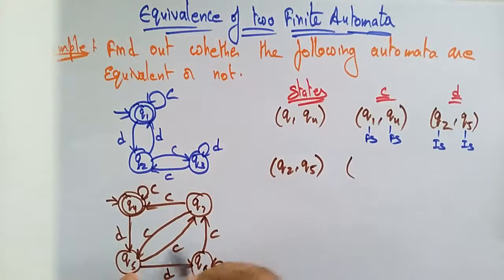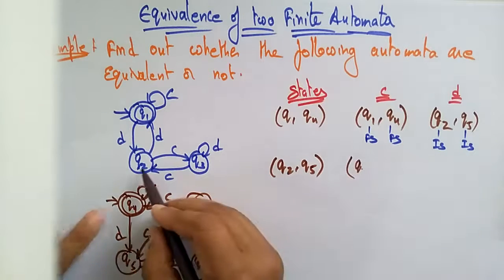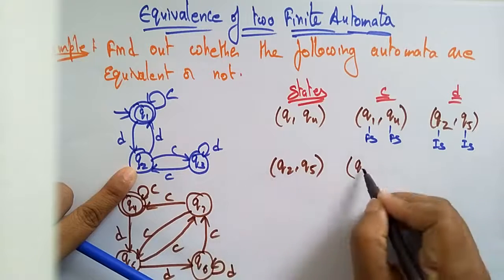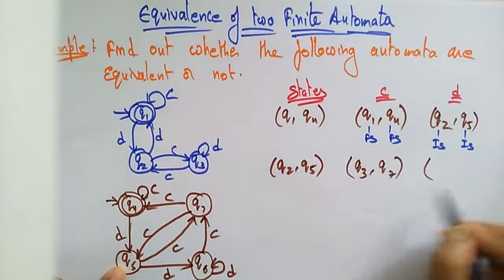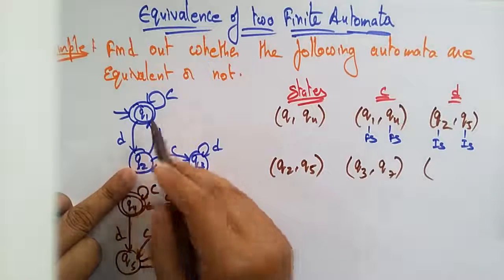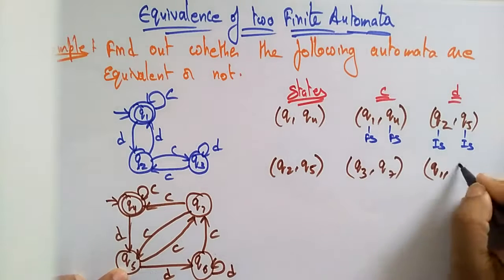Q2 on C goes to Q3 and Q5 on C goes to Q7. Now Q2 on D goes to Q1 and Q5 on D goes to Q6.